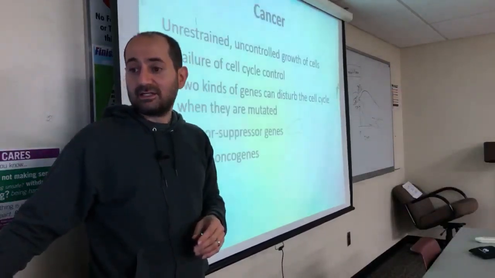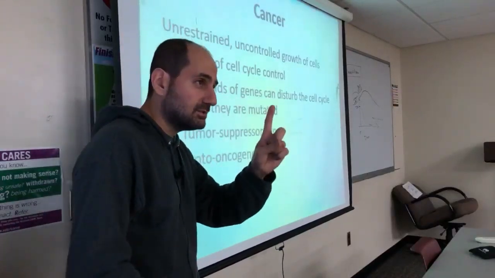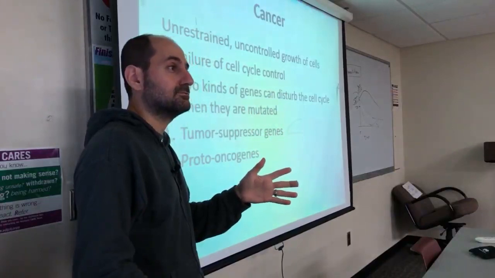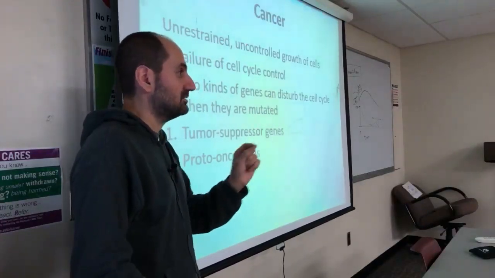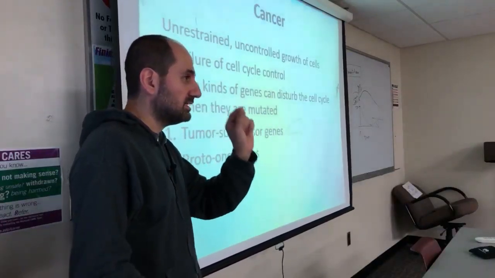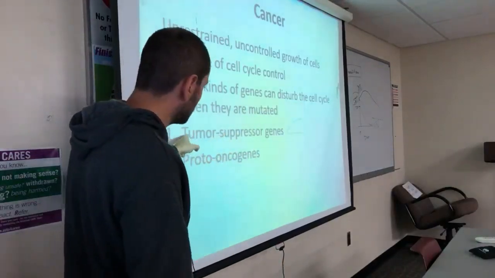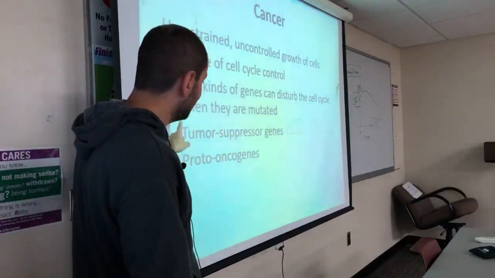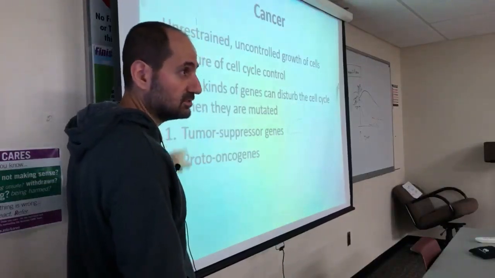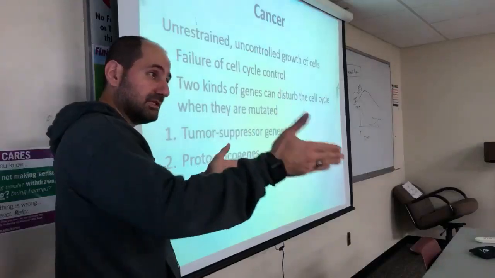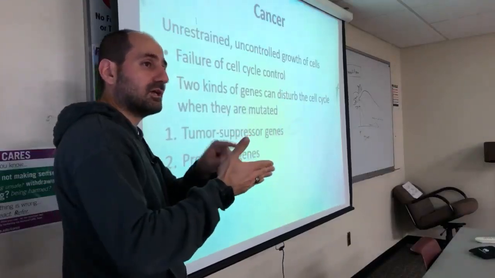What else? And then how do you get cancer? You get a mutation in a gene, but any gene? No. A checkpoint gene, right? Those checkpoint genes are called tumor suppressor genes or proto-oncogenes. These are the genes that code for the checkpoint proteins.